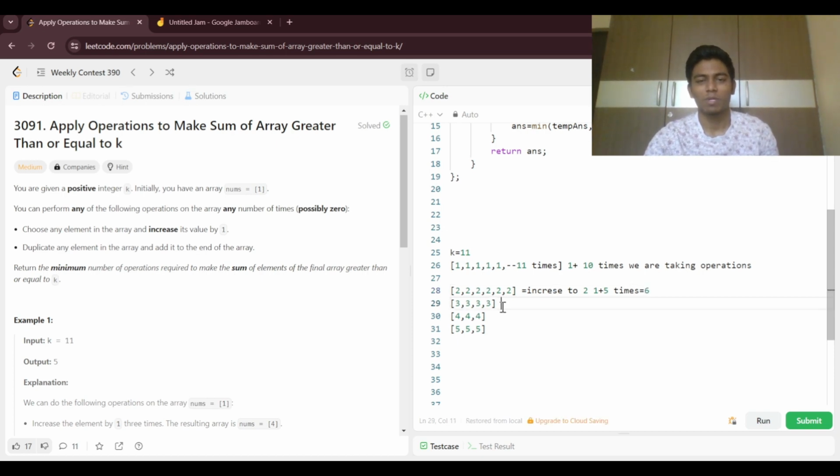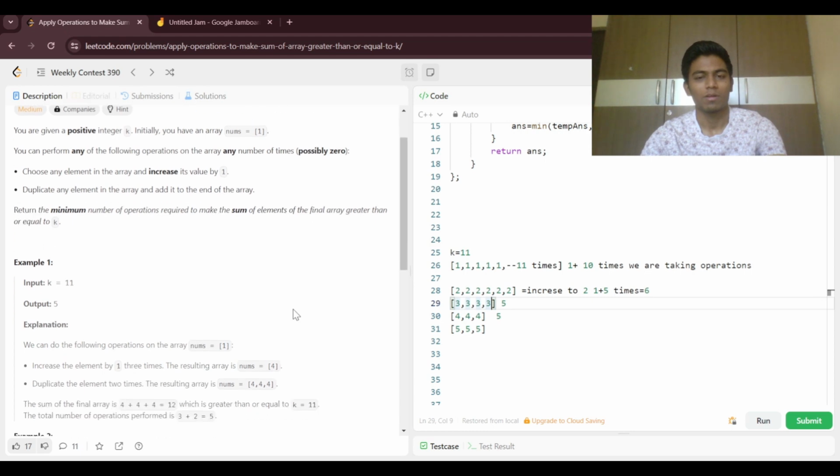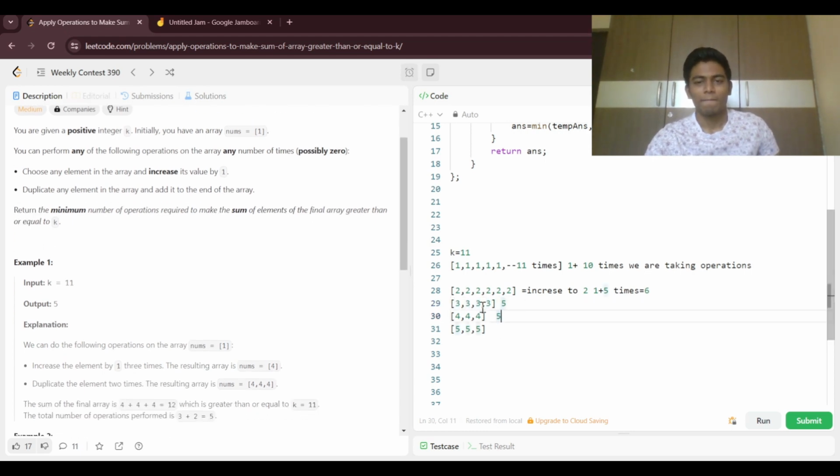For this it is going to be 3 plus 2, which is going to be 5, and for this it is going to be 2 operations and then to increment it is going to be 3. For this it is going to be 5. For this I'm going to take 3 times and then to increment 2 times. Out of all these possibilities, we are going to consider whichever takes the minimum operations.